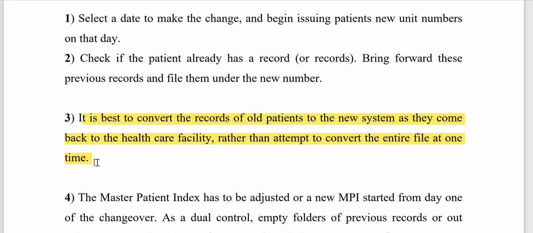So it is good for those who may come back, you keep on updating their files. For those that fail to come back, and then the retention period catches those files still within the filing area, they move to the next stage of storage, to the semi-active, to active, inactive, and later to destruction. So you may realize that in that way you have saved a lot of time, right?